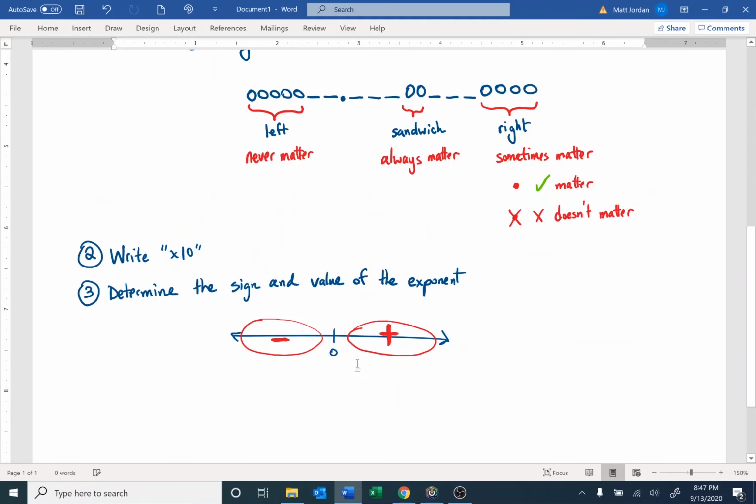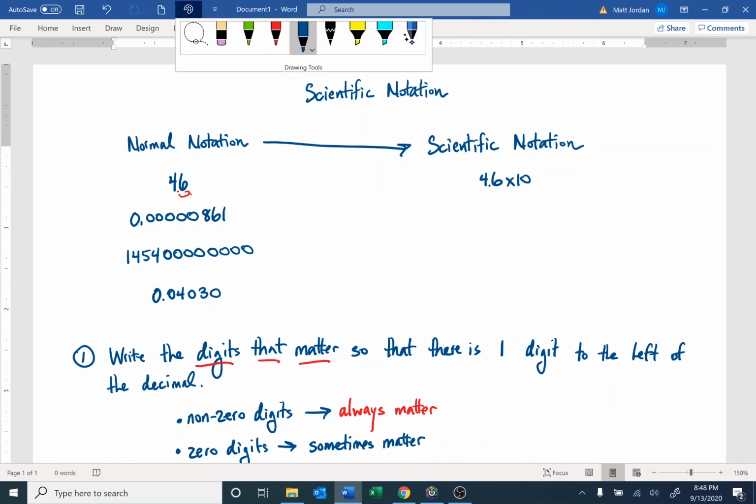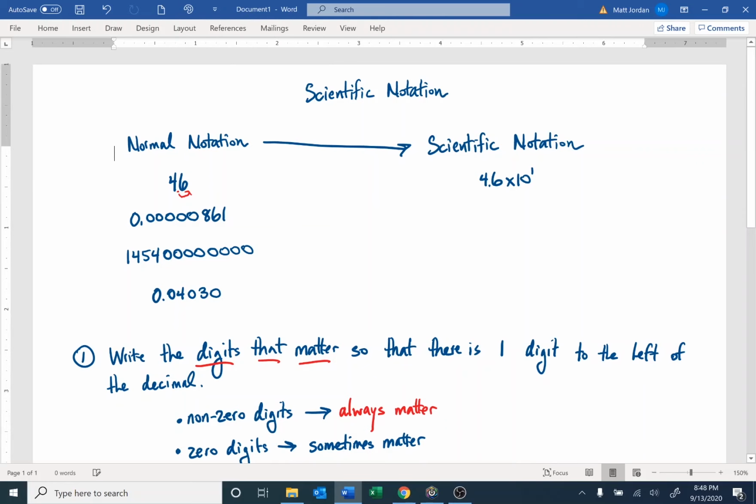Those are positive values on the number line, so the sign is positive, and I need to move it one single time. So we are going to have an exponent on the 10 of positive 1. We don't write the positive, but if it's negative, we do write the negative. Okay, so 4.6 times 10 to the 1 would be 46 in scientific notation.